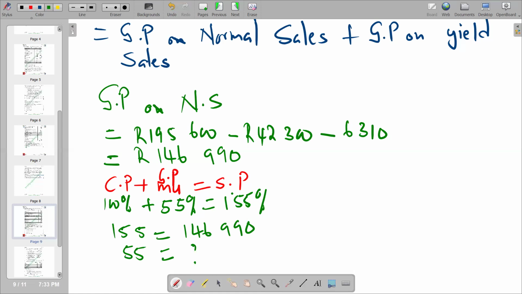It's obviously going to be a question mark, and then we can use our proportionate calculations so that we can find the figure for gross profit. So what we don't have is 55%, so it becomes the numerator, and what we have is 155%, which is 90.